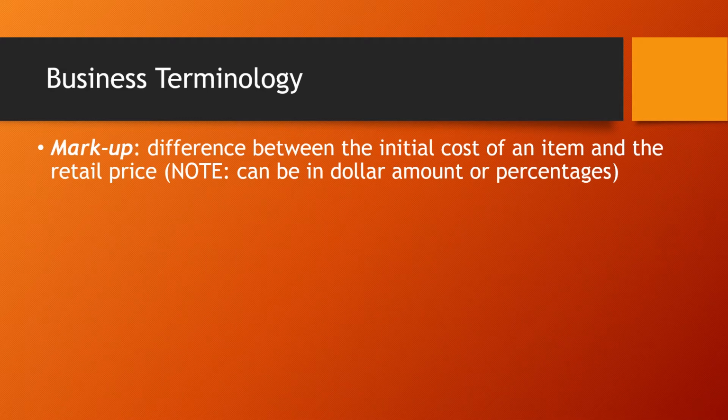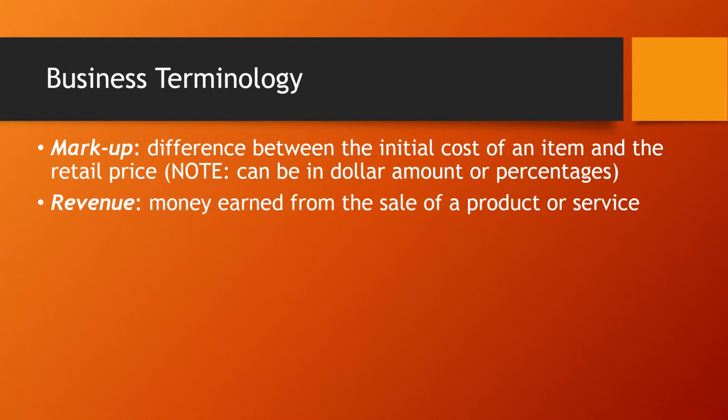Markup is the difference between the initial cost of an item and the retail price. Revenue is the money earned from the sale of a product, service, or a combination of both.